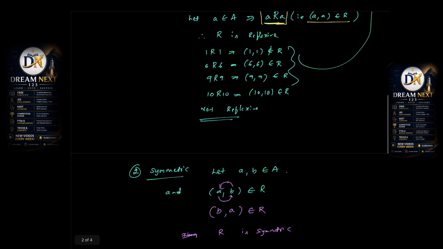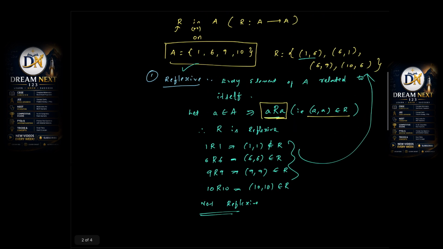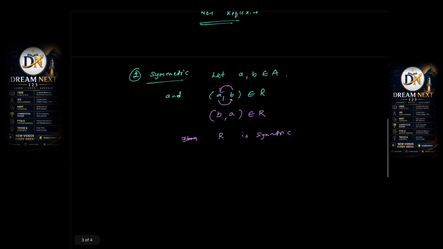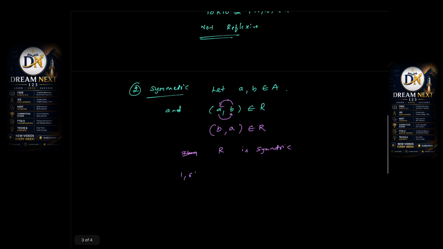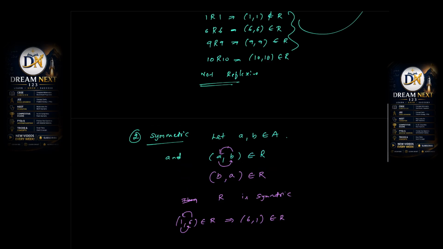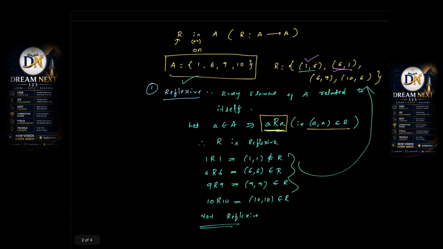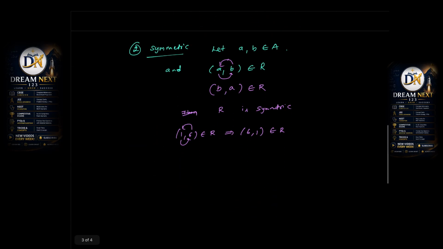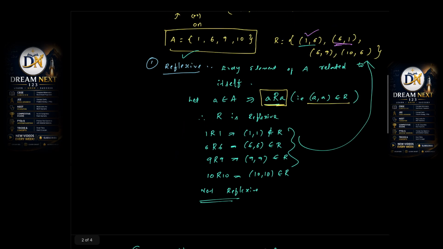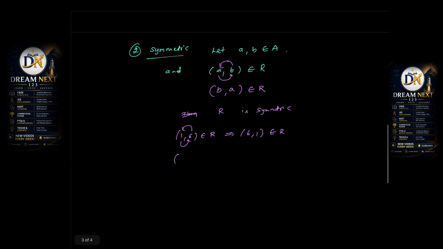Let's check the given relation. The first element is (1, 6), which belongs to the given relation R. Now I check whether, if I interchange the positions, (6, 1) belongs to the relation or not. Yes, (6, 1) is there. Then the next element (6, 1) belongs to the relation.